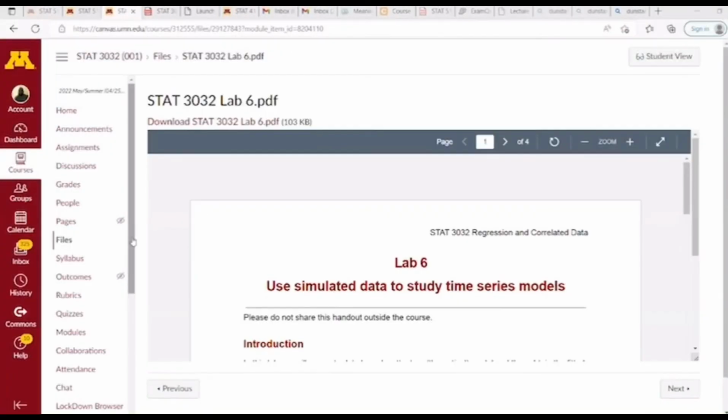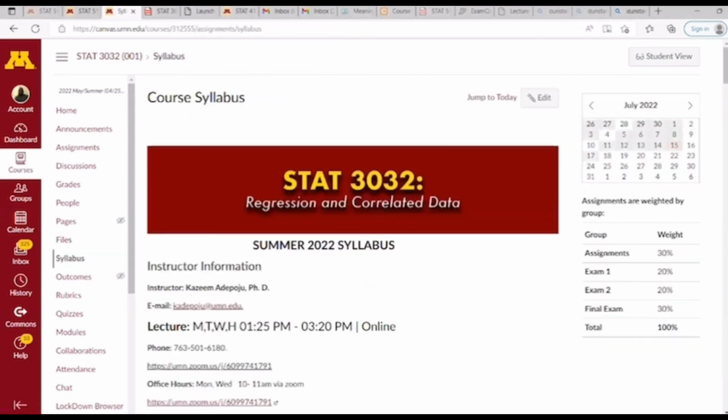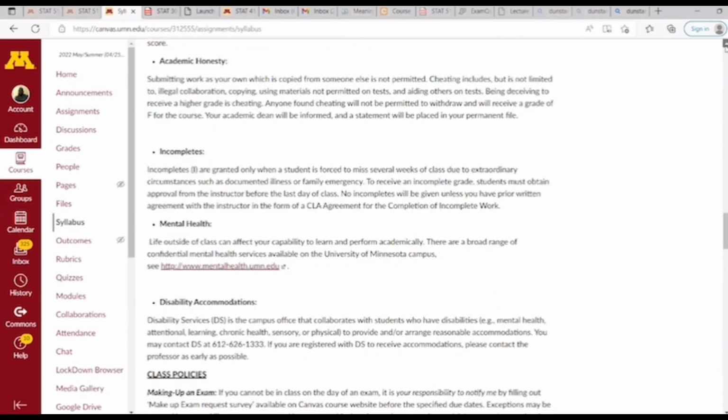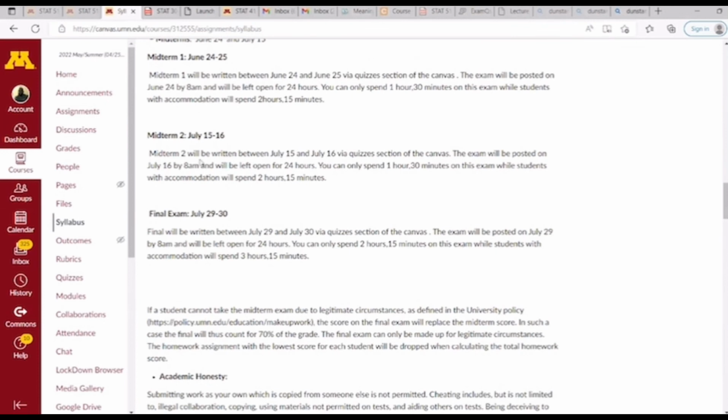Yes, the exam is tomorrow. Like I said, your exam will be posted on July 16 by 8 a.m. I'm going to show you the syllabus; I think I've said that before. Give me one second. The exam is going to be posted July 16. Now, look at the syllabus here. Earlier in the semester, that is already there. I said the midterm two will be conducted between July 15 and 16, and this was a proposal.